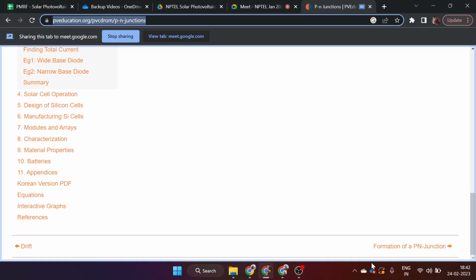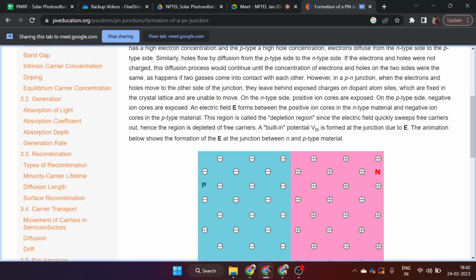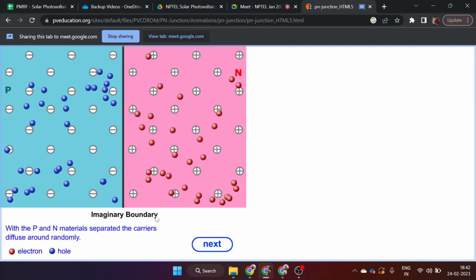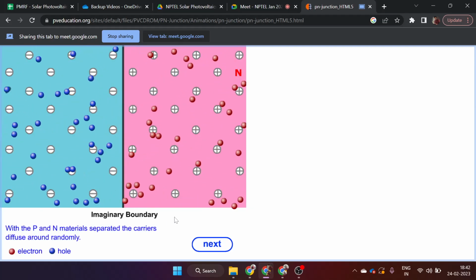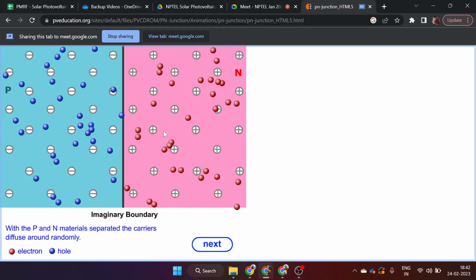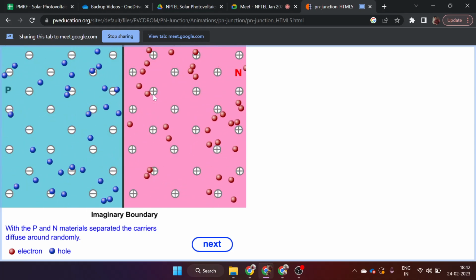So in the PN junction, let's see the first one, which is based on formation of PN junction. This is our P-type semiconductor. This is our N-type semiconductor. Now this is an imaginary boundary. So we can say these are not a PN junction. These are just P separately and N separately.